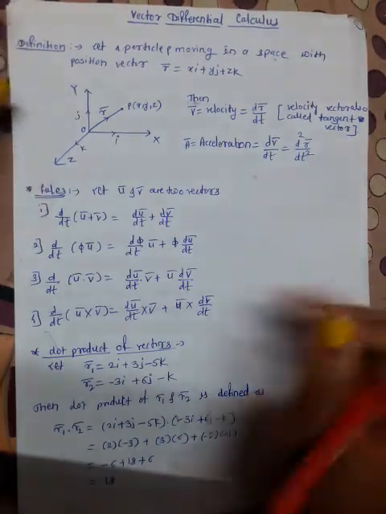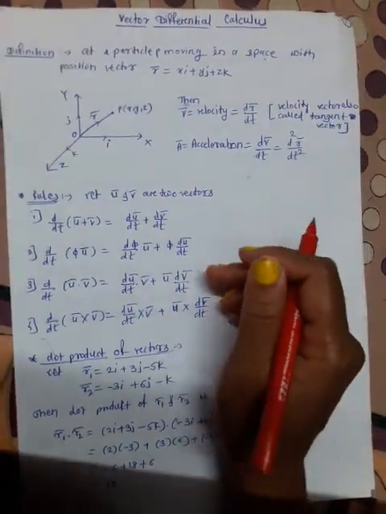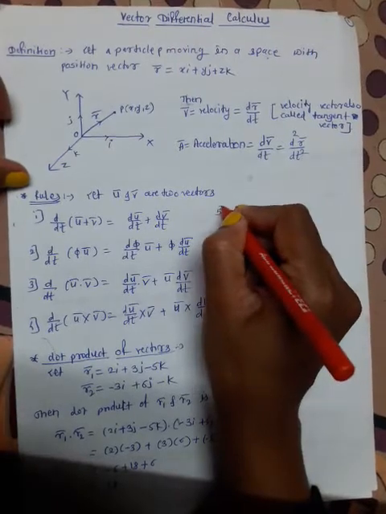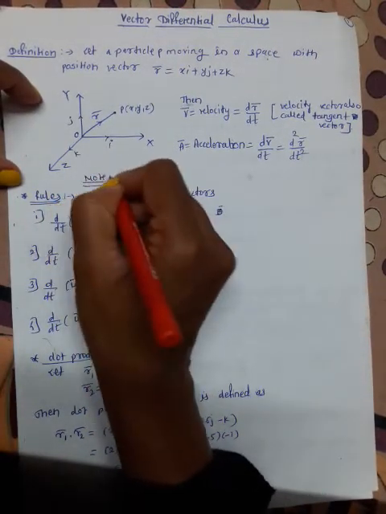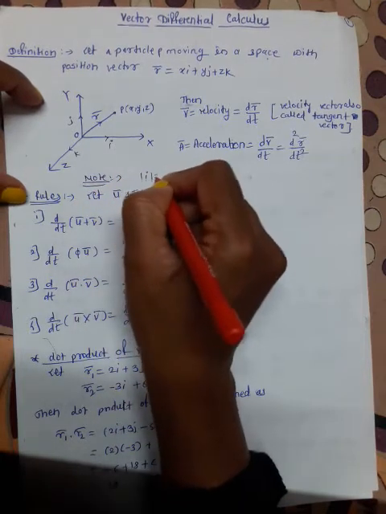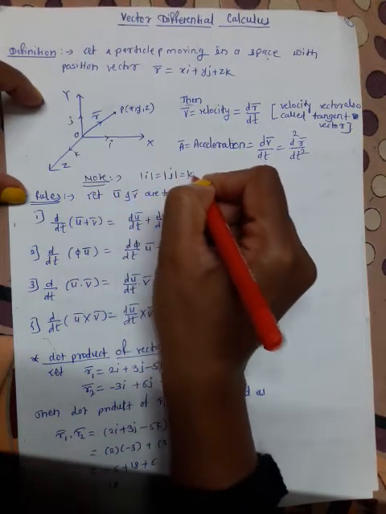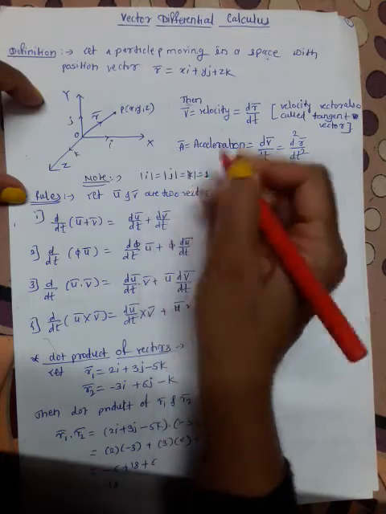Why are they called unit vectors? You can write down here also, note: because their magnitude is 1. What is the meaning of magnitude? We are going to see this.